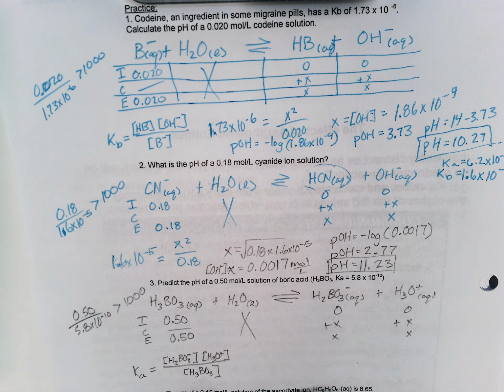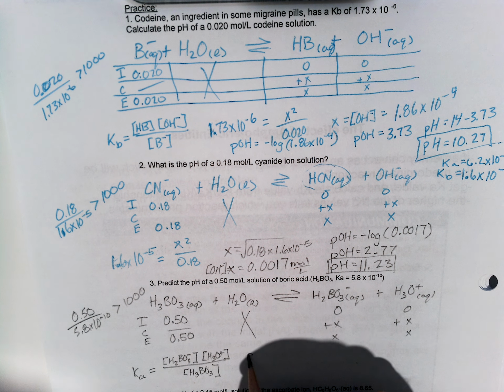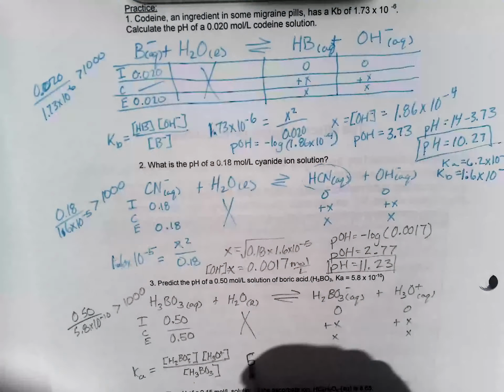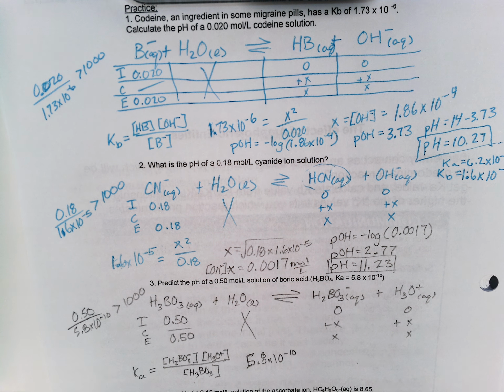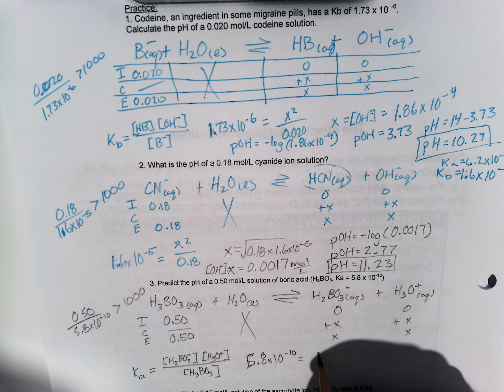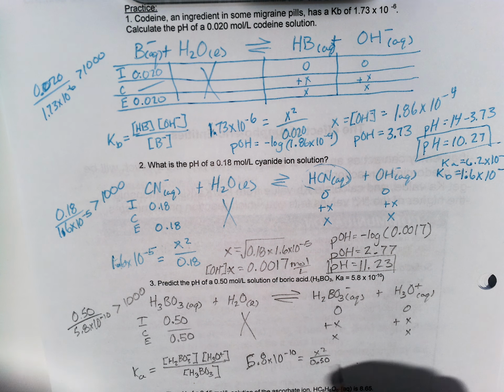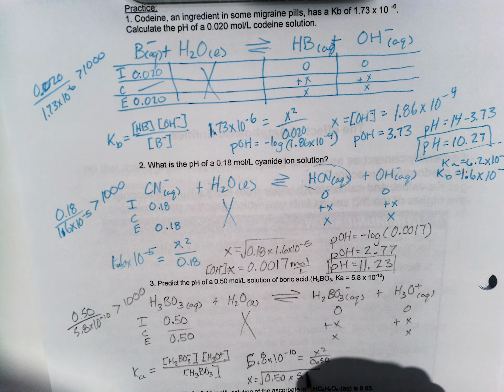So we got our 5.8 times 10 to the negative 10 is equal to x squared over 0.50. Okay, so x will equal square root 0.50 times 5.8 times 10 to the negative 10.